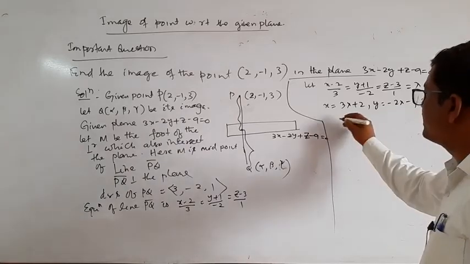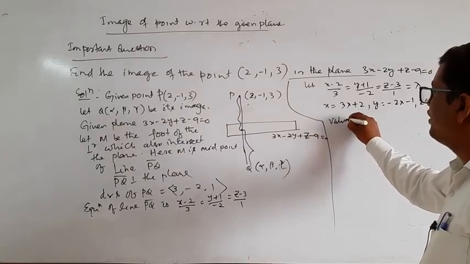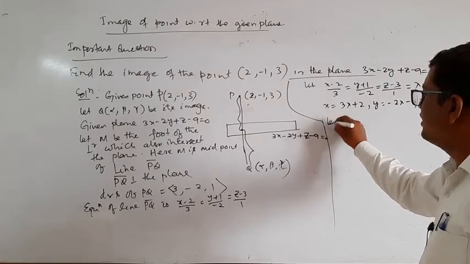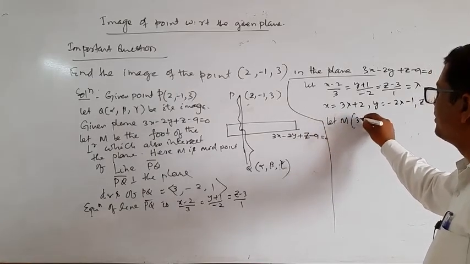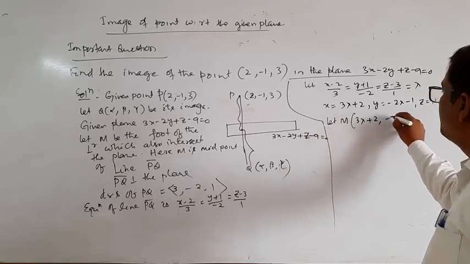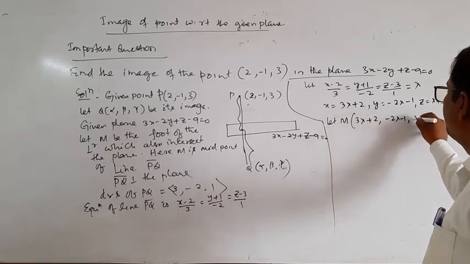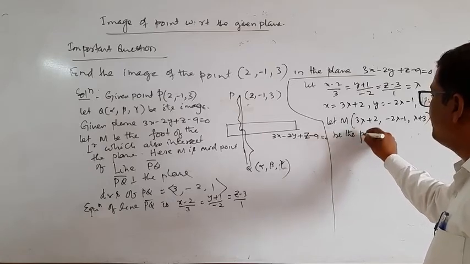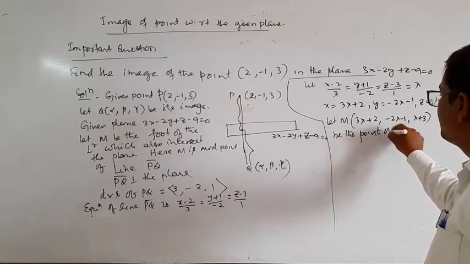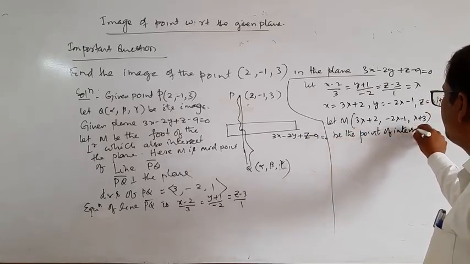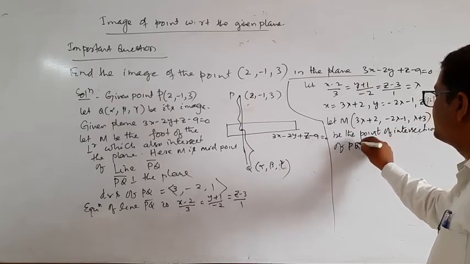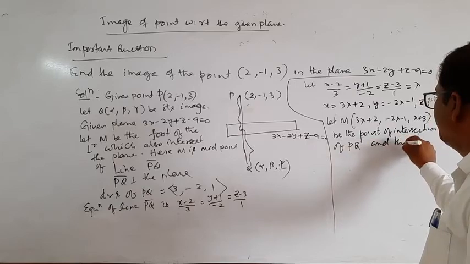Now let M be the point (3 lambda plus 2, minus 2 lambda minus 1, lambda plus 3), the point of intersection of PQ and the plane.